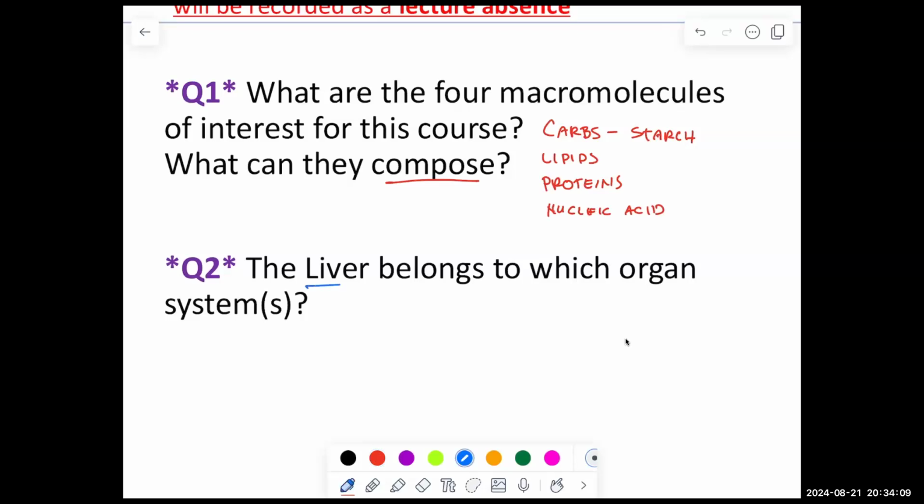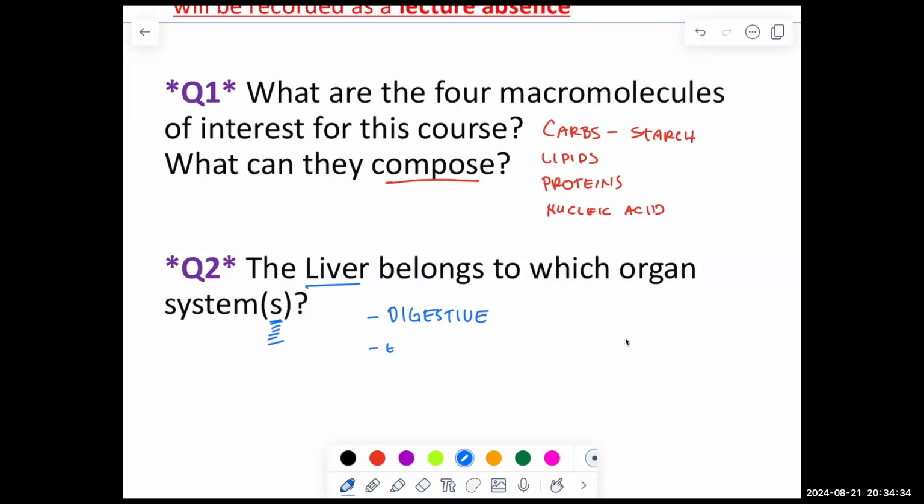Look at this question. The liver belongs to which organ system? Digestive system is number 1. Any others? What is it?